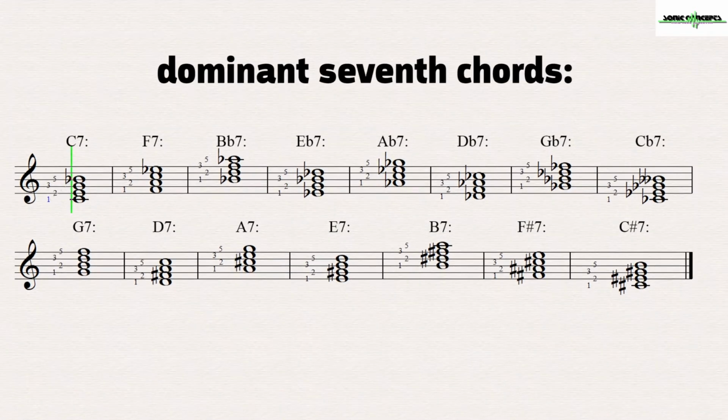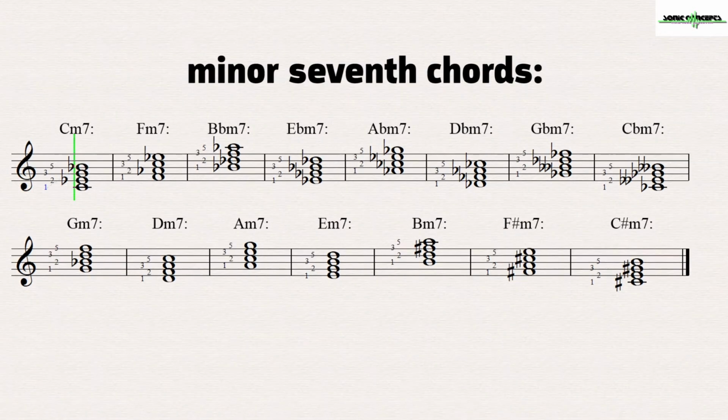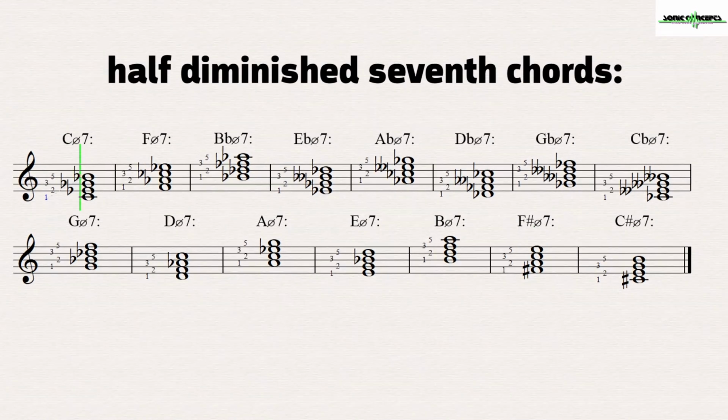Here's the dominant 7th chords. These are the minor 7th chords. The following are the half diminished 7th chords.